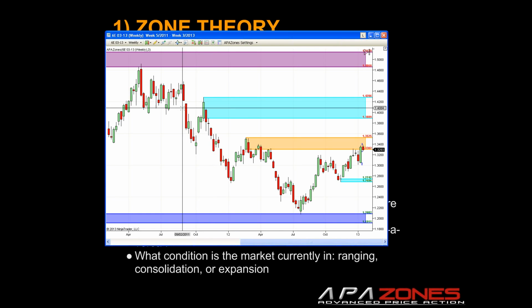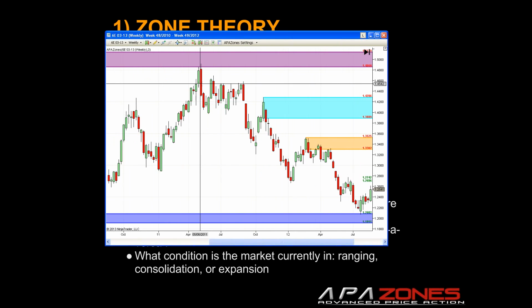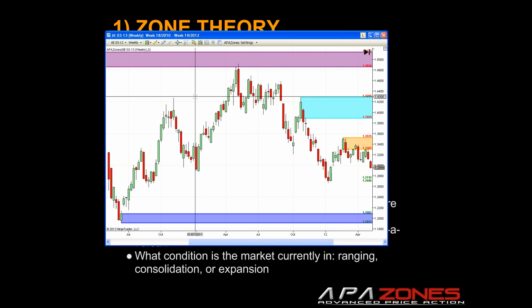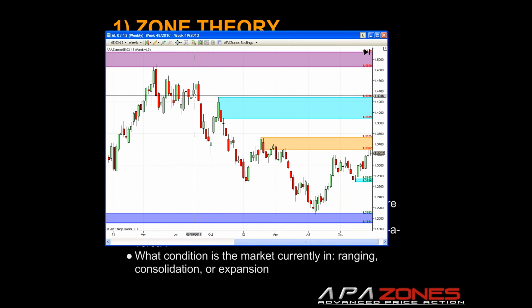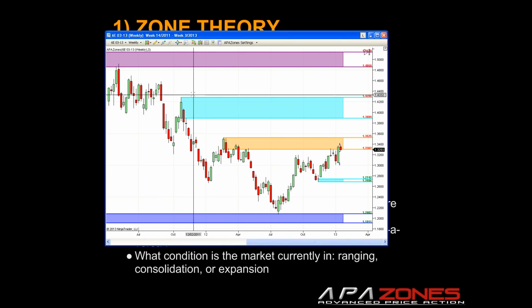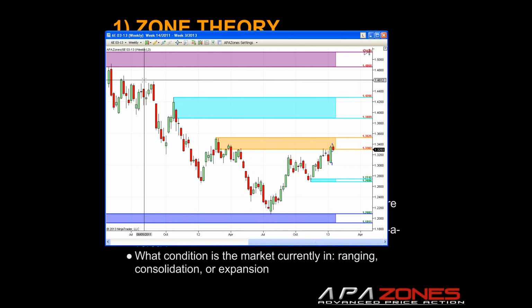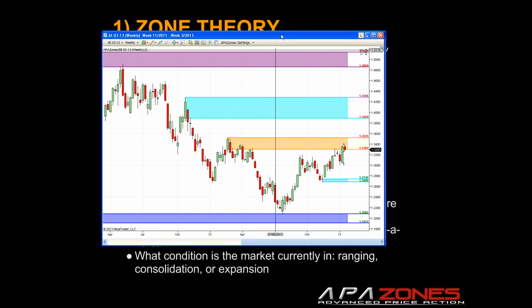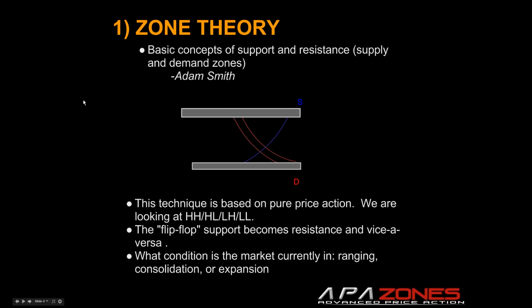It gives you the ability to see ahead of time price coming up into a zone that has sometimes been there for days, weeks, months, or in this case even years. And so when price gets to these levels, why does it behave as it does? Why does it reverse or retrace? And knowing that it's there, would that change the way that you make your trades? That's the idea behind the zones, that we want to be able to give you that heads up, that type of an advantage.